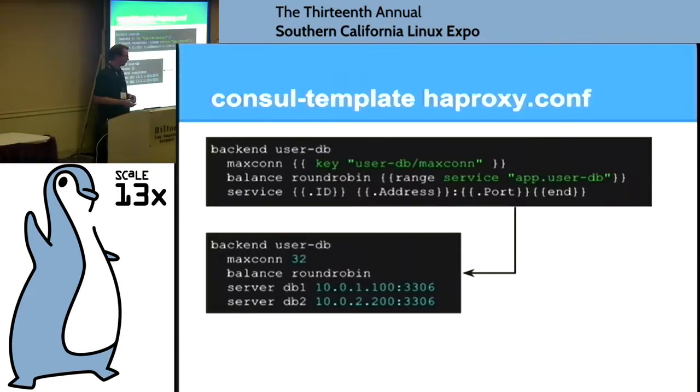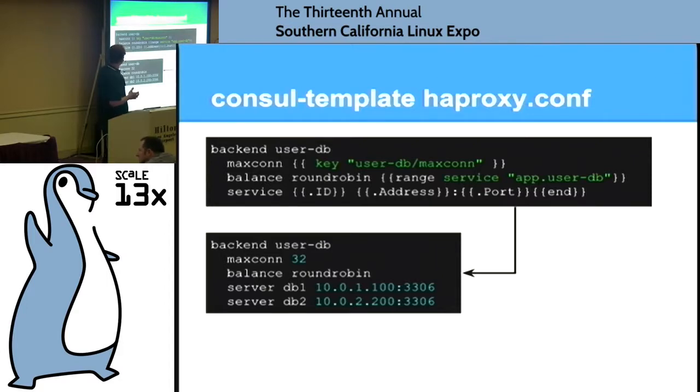And this is what it looks like. I think a picture's worth 1,000 words when it comes to these talks. But you can see this is an HA proxy basically server pool, what they call backend configuration. We're defining in this case the user DB service in HA proxy.